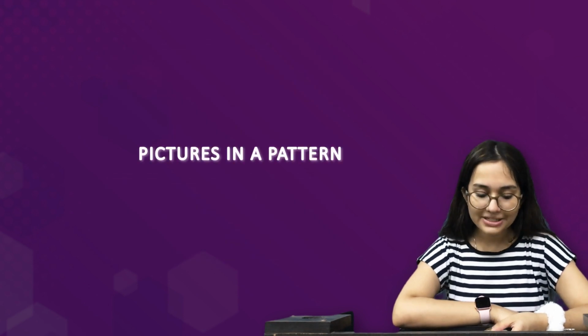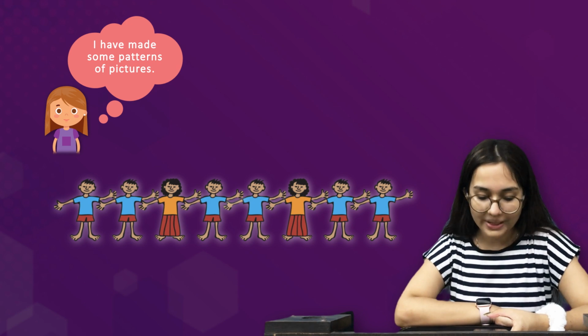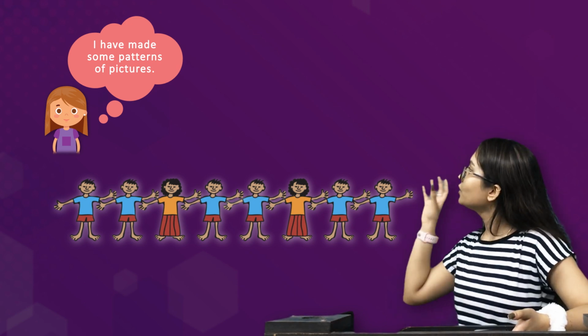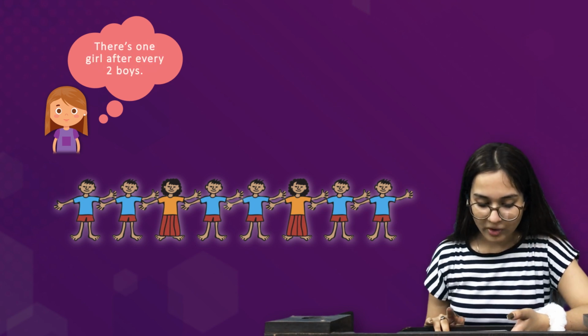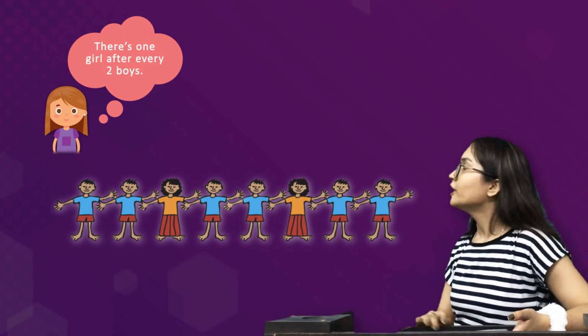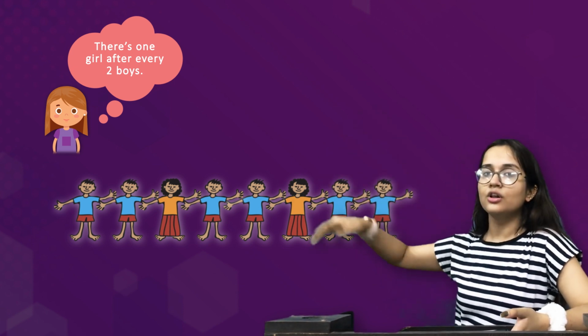Then we have pictures in a pattern. So now this girl has made some patterns of pictures and she has used a rule for each pattern. The rule for the pattern is, there is one girl after every 2 boys, and then this is repeated. So she says that the rule for her pattern is 2 boys and a girl. So there is one girl after 2 boys. Now whenever we make a pattern, we need to have a certain rule for our pattern.